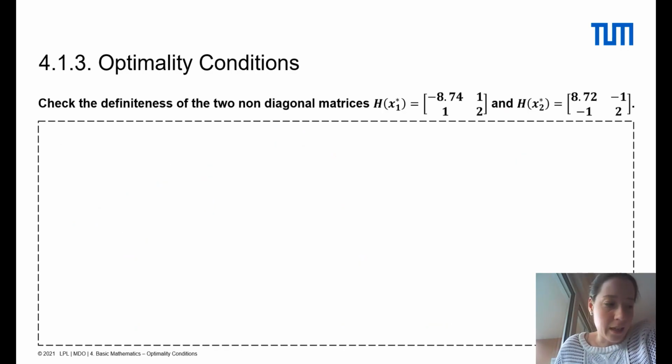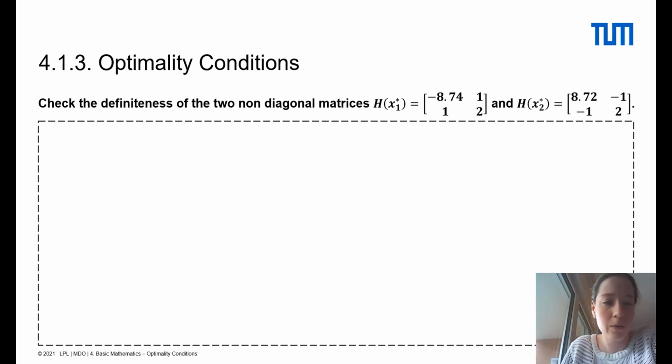If that's not the case, we need different methods to check the definiteness of our Hessians, and therefore the nature of our stationary points.